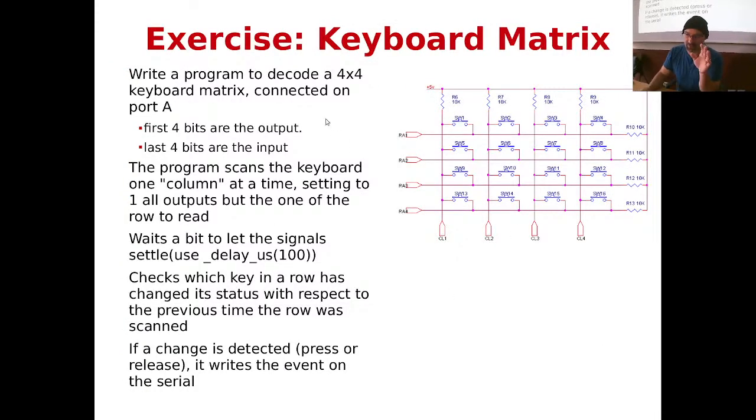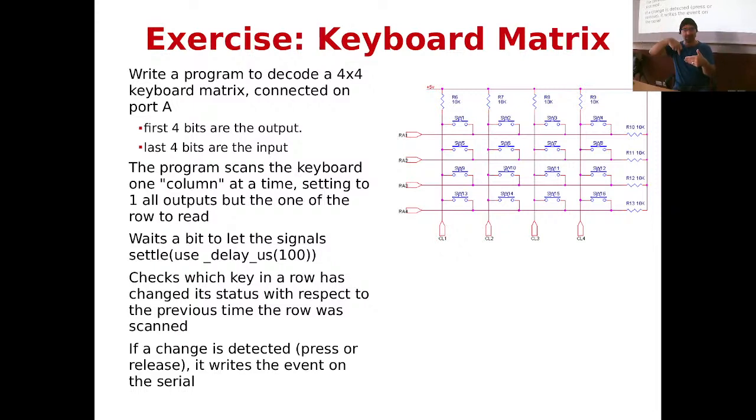The exercise was also asking that you monitor periodically the value of every single key, and write to the computer on the serial line only when something has happened, instead of bloating it. How do you do it? Well, you preserve on a side the configuration of every single key.